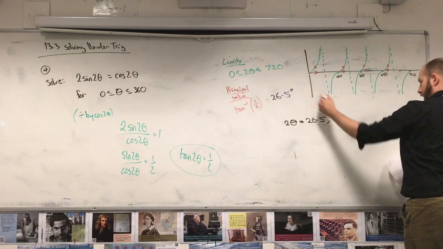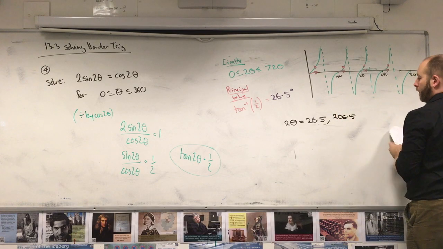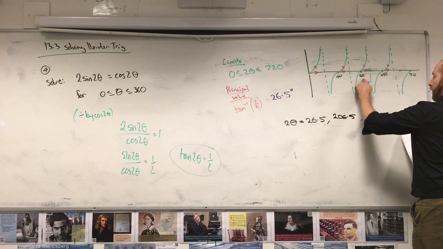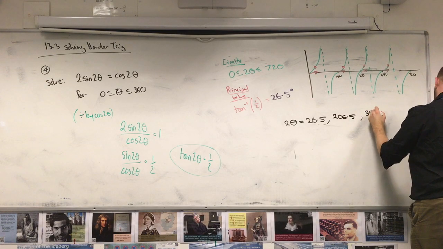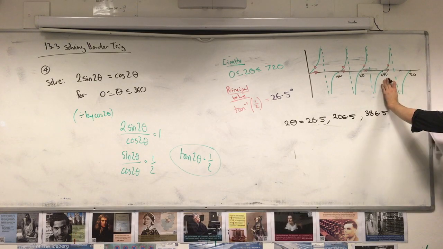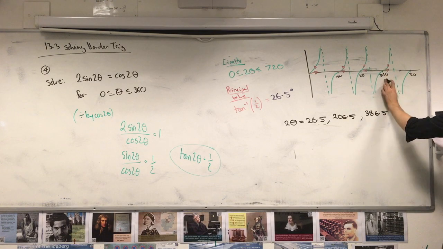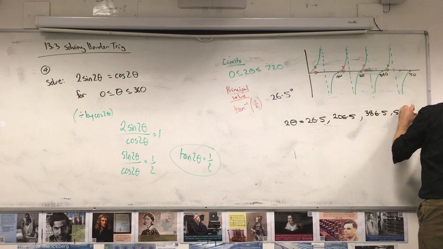So 180 plus that is 206.5. 360 plus that is going to be 386.5. And 450, is it 450? What was it? 540, isn't it? 540 plus that is going to be 566.